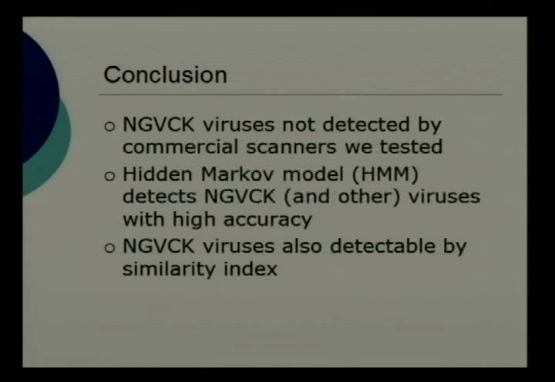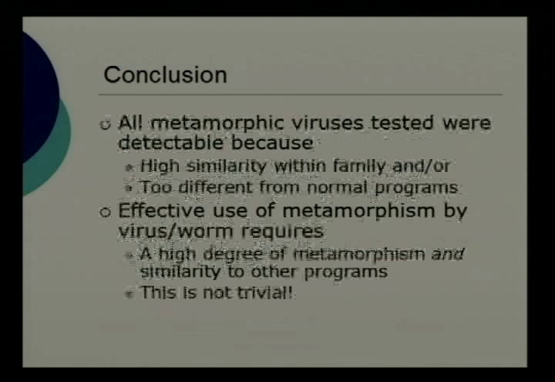Even though NVIC viruses are not detected by commercial scanners, they are detected by our hidden Markov model approach with very high accuracy, and also by our straightforward similarity index approach. So we see that all metamorphic viruses, including the NVIC family, were detectable either because they have high similarity within the family, meaning they have a low degree of metamorphism, or because they are too different from normal programs.